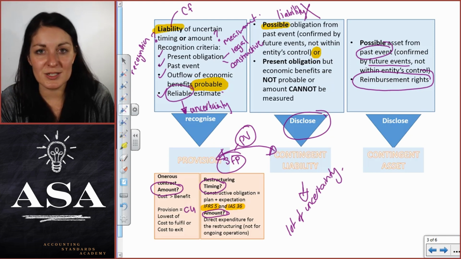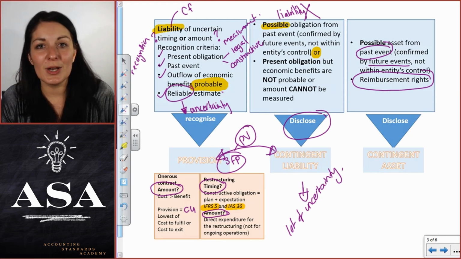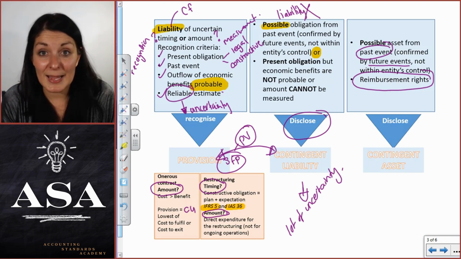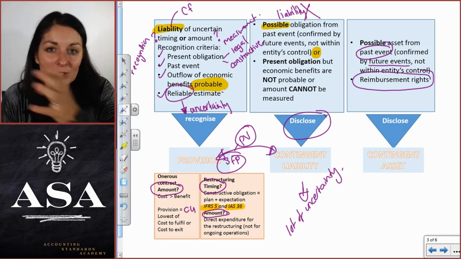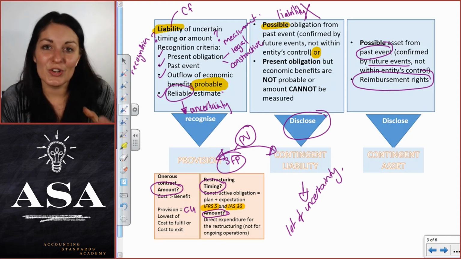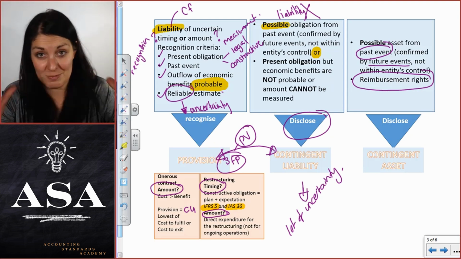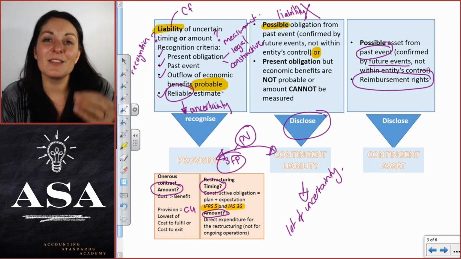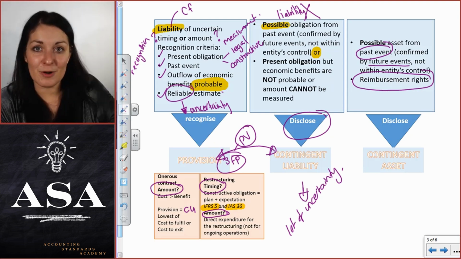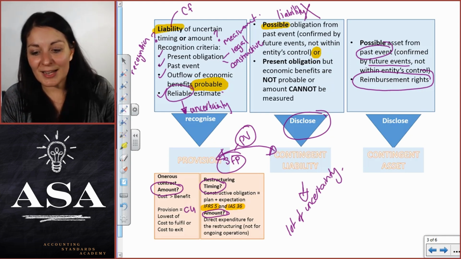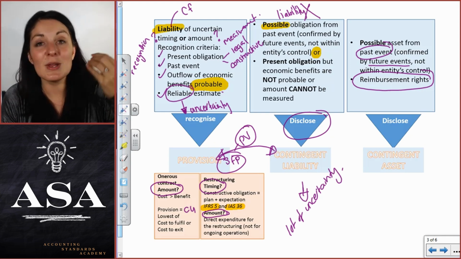Just think about a doctor, for instance, who could be involved in some claim from a patient for damages, but all doctors are insured. So in a case where they have these claims that could be huge amounts against them, they have the option to then claim that from an insurer. So that insurance payment is a reimbursement right.